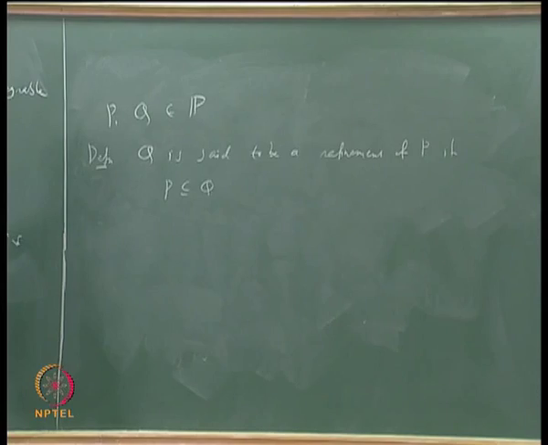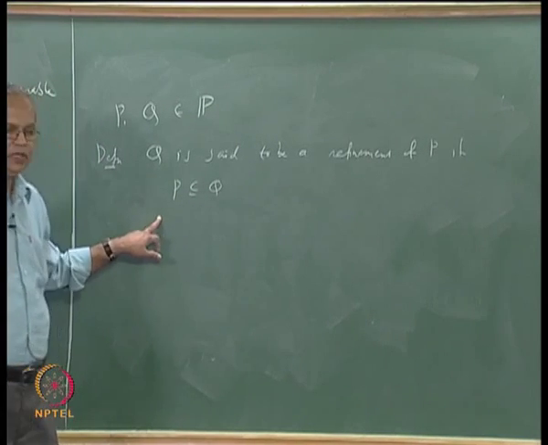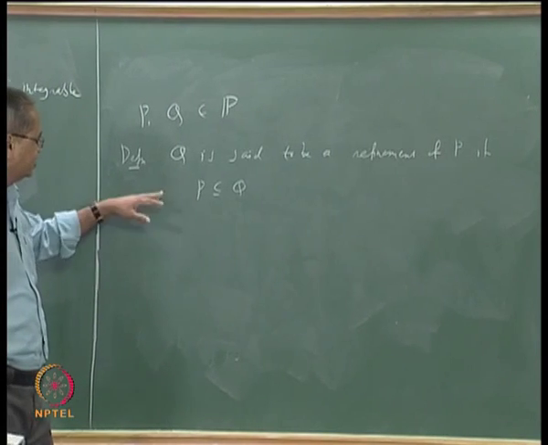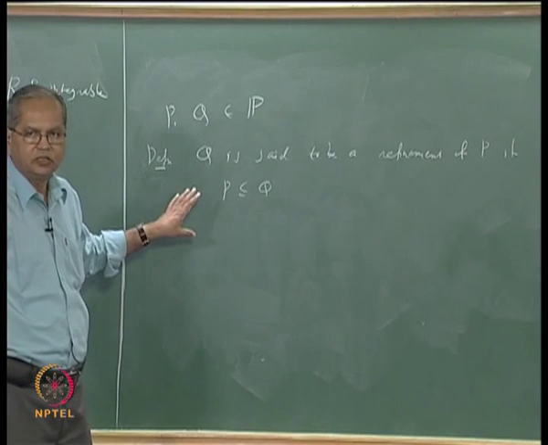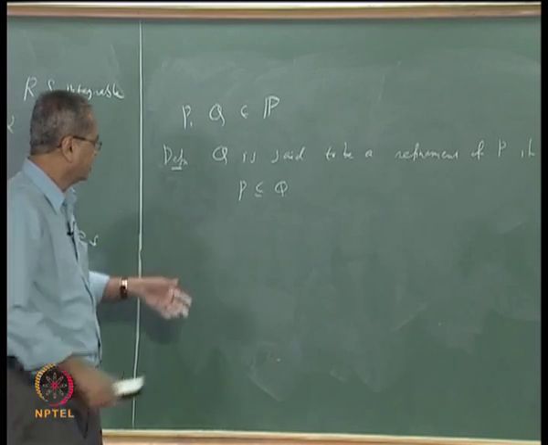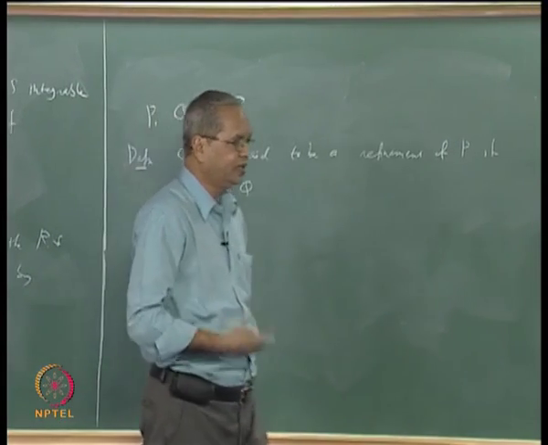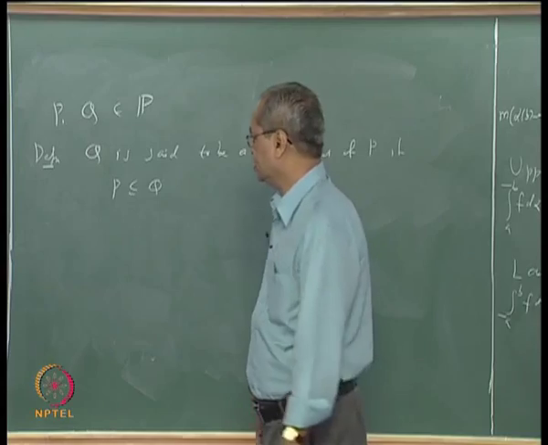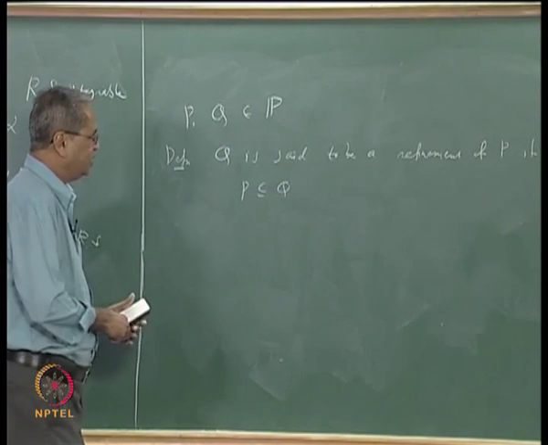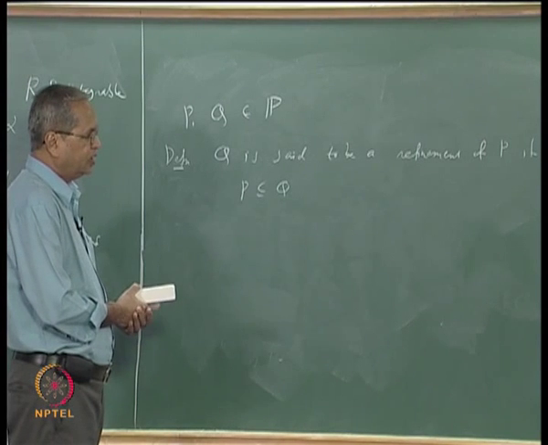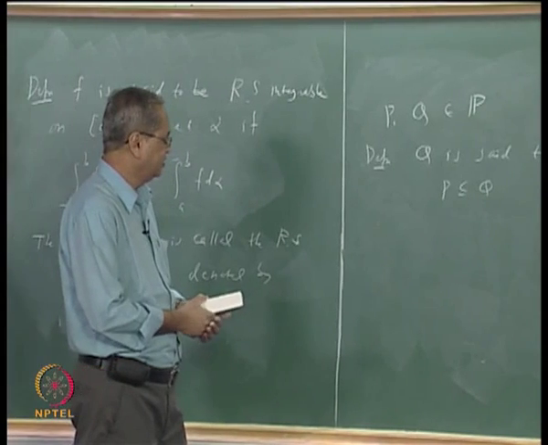What does it mean? That Q contains all the points of P and possibly some more, okay. Remember all the partitions must contain the first and the last point, a is x naught and b is xn, those two points are there in all the partitions. In between, whatever points are there in P, those are also there in Q, and perhaps Q may contain some more points. So what we want to know now is that suppose we take a refinement of a partition, then how do the upper and lower sums change, okay, that is the first thing.